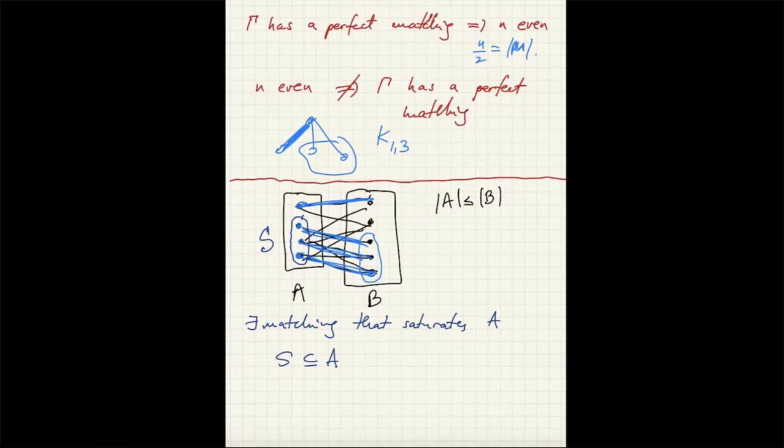So S has 3 vertices, and we have 3 distinct vertices on the other side that match with the 3 vertices from S.